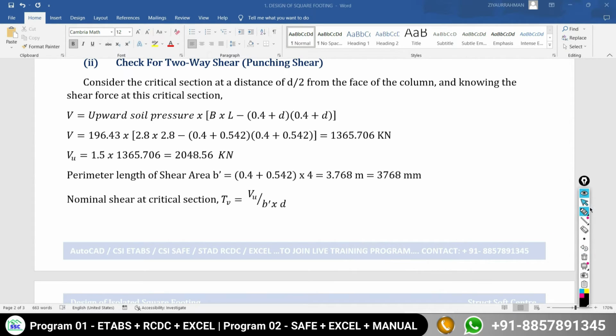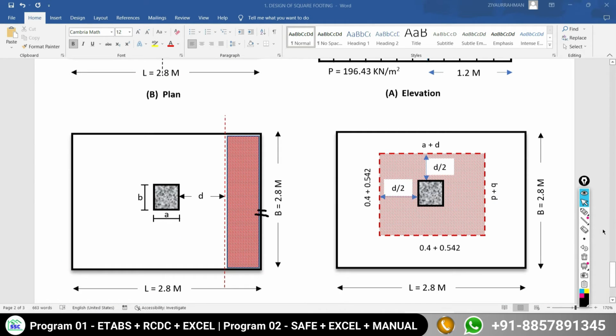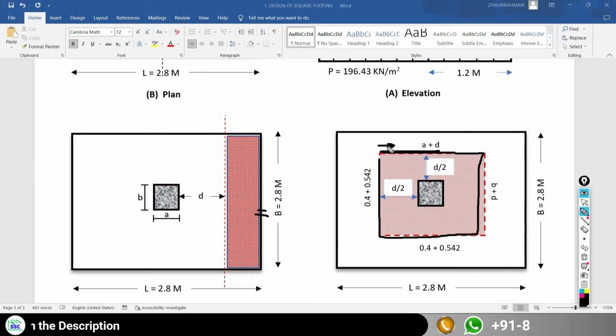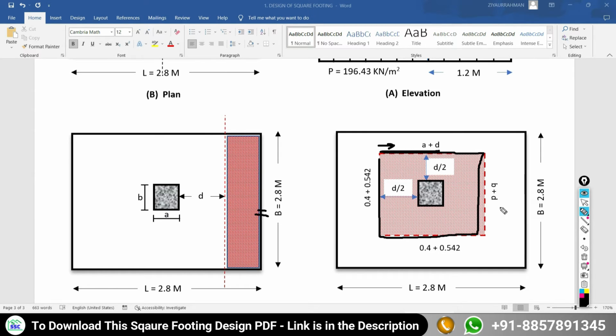So here, the perimeter length of the shear. The formula is: nominal shear at critical section, tau v, is equal to Vu upon b dash d. You need to understand what this b dash means. b dash is nothing but the perimeter length of the shear area. Try to understand: you have to measure the total span, adding all four sides for the perimeter.